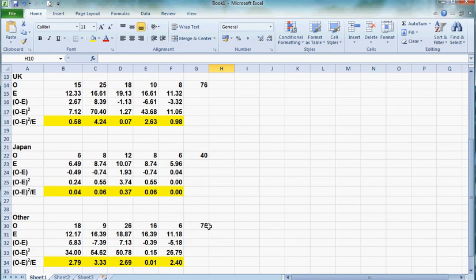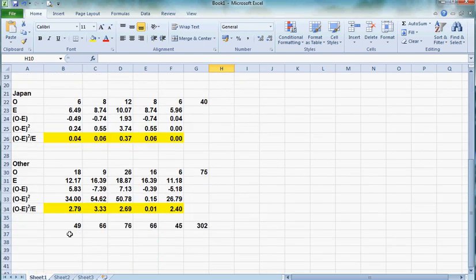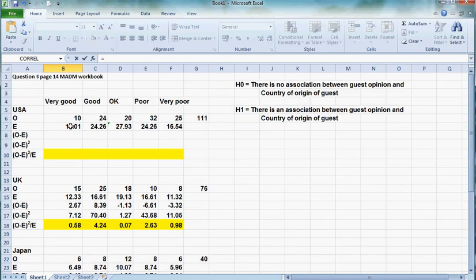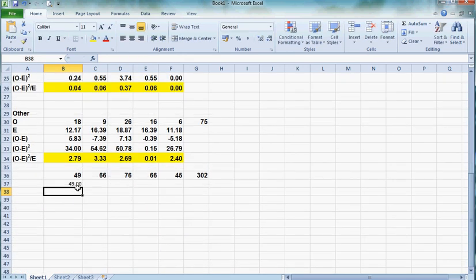Also, as a double check, if we add up all our good expected values, we will come to 49. We haven't made up any more good opinions or lost any. Again, we've just reapportioned them over the country of origin. So that's a double check to make sure we've got all our E values correct.